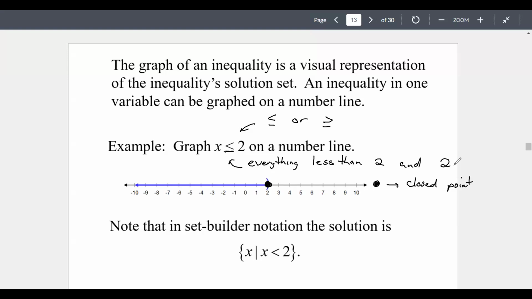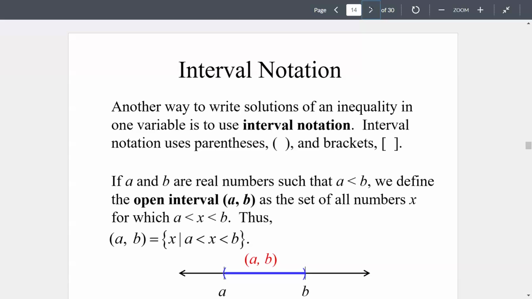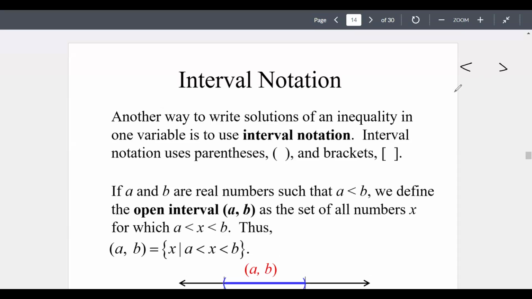Like I said, I know some people have seen this notation, some people not. Just want to briefly go through that. So going back here, make a little chart here. If we have strictly less than or greater than, we use what we call an open point. We say it's open.